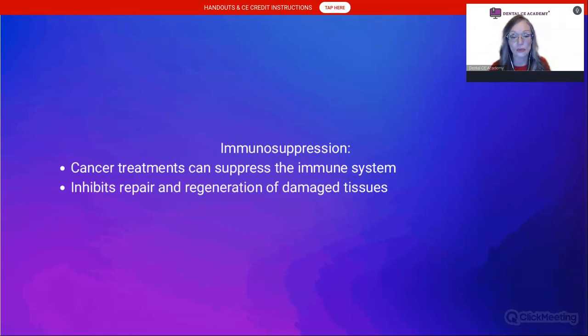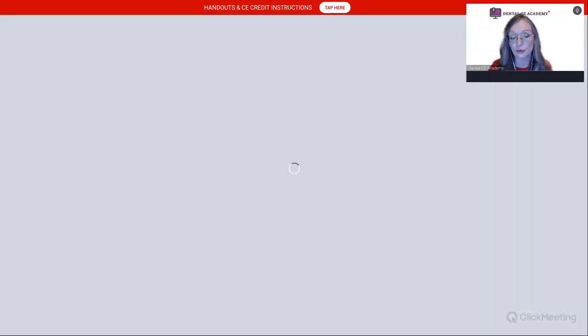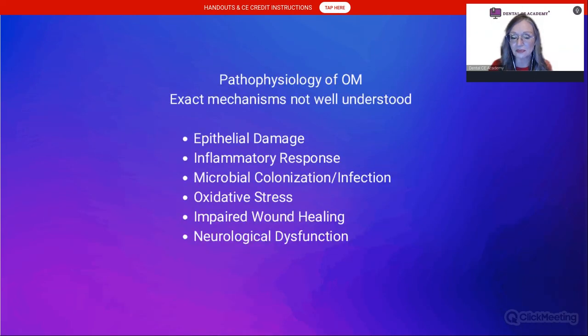Now, immunosuppression as well, cancer treatments can suppress the immune system, and it can inhibit the repair and regeneration of damaged tissues. And we also have patient-specific factors that can influence the severity and susceptibility of oral mucositis: age, nutritional status, pre-existing oral health conditions, and genetic predispositions.